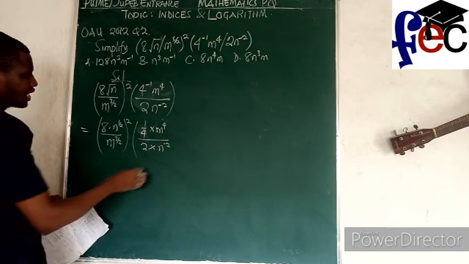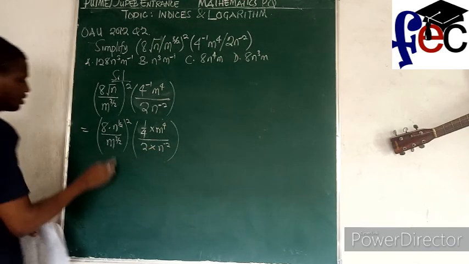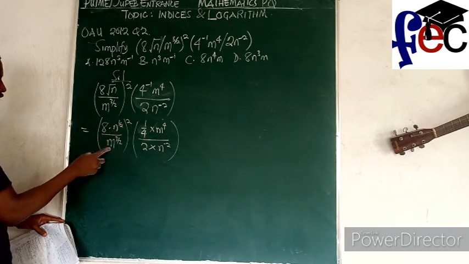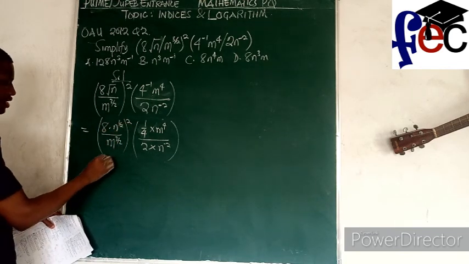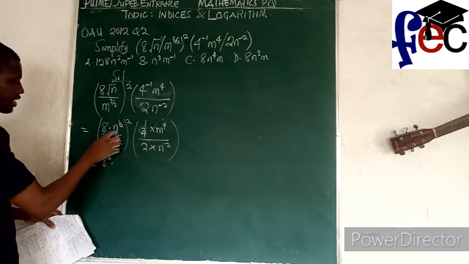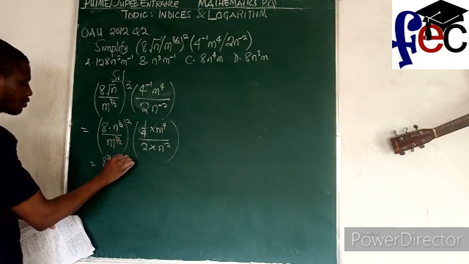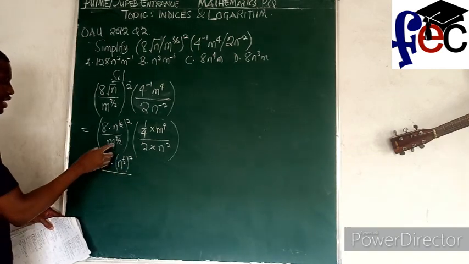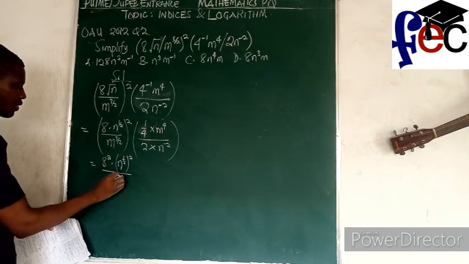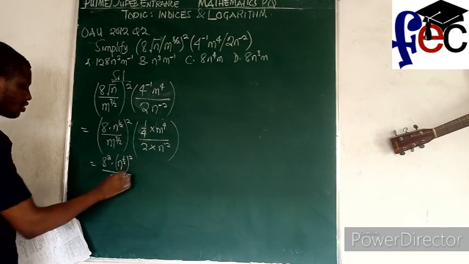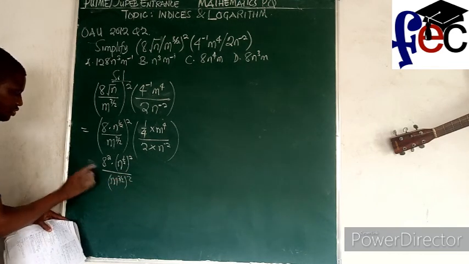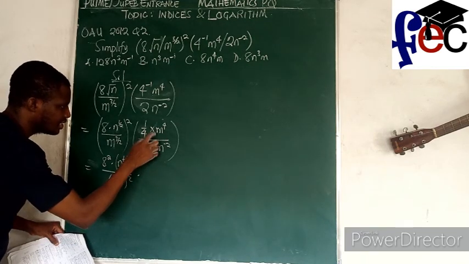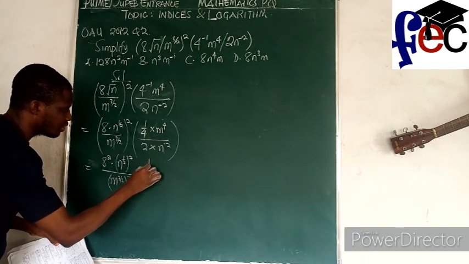Do you know that I can as well write this with the square applied to all three? So I can write this as 8 squared times n raised to power 1 over 2, all raised to power 2, divided by m raised to power 3 over 2, all raised to power 2. Then times 1 over 4.